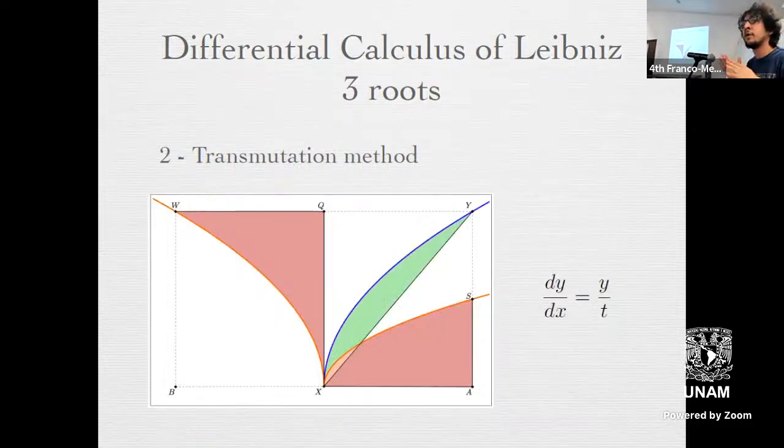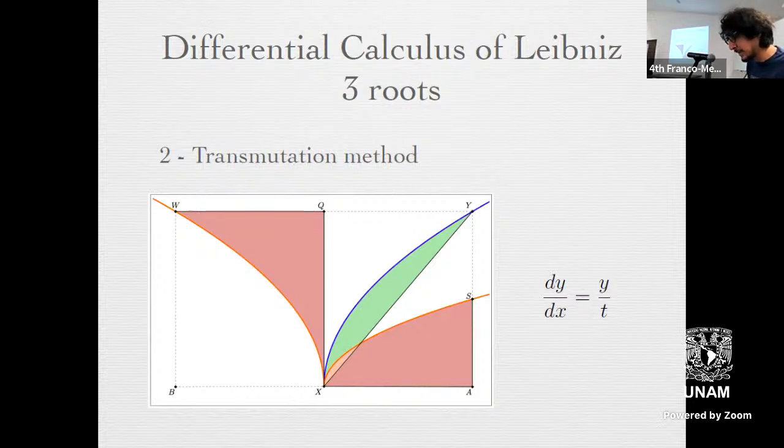If you do it for many small triangles, you obtain that the green area is the half of the two red areas. Okay, so that's the transmutation method.